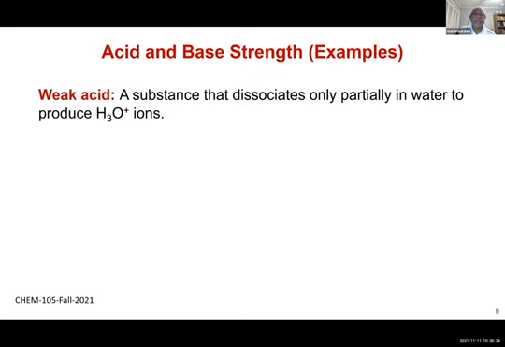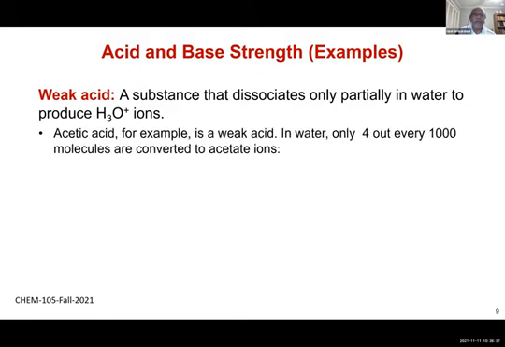So this acid-base strength depends on the dissociation of a particular acid in order to produce hydronium ion. We talked about HCl, which completely breaks up, dissociating into hydronium ion and chloride ion.